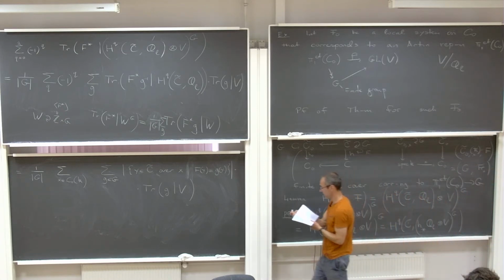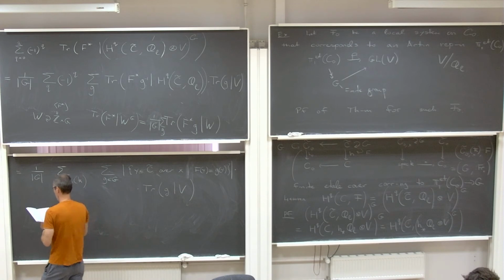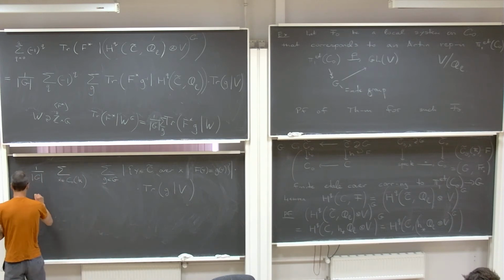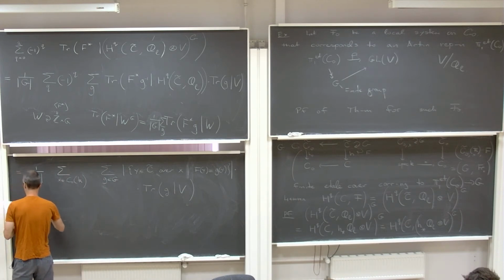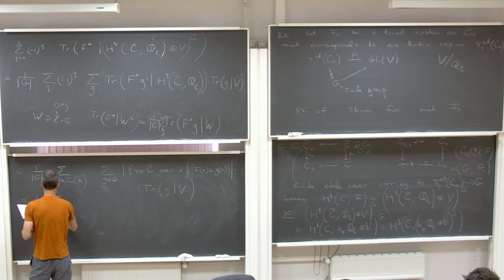So I will rewrite it. This is the sum, 1 over G, sum over X in C0 of K.